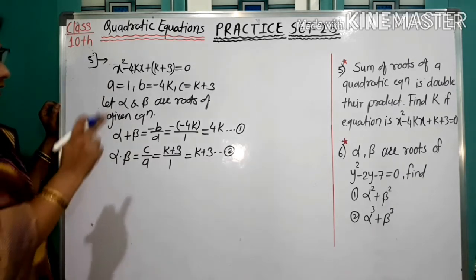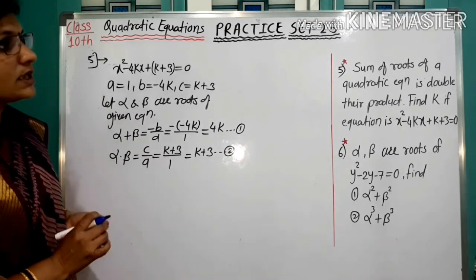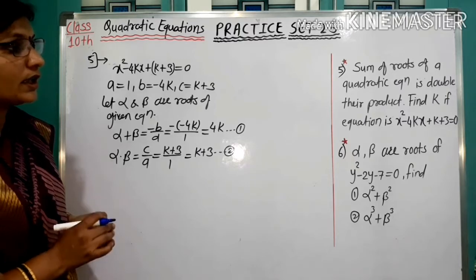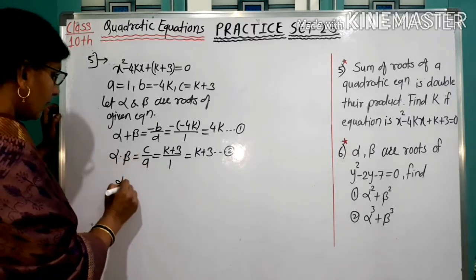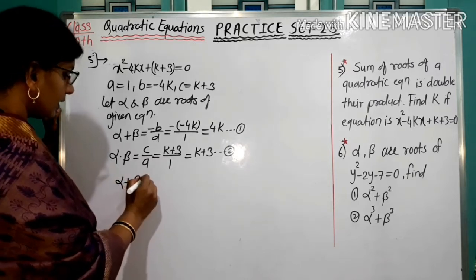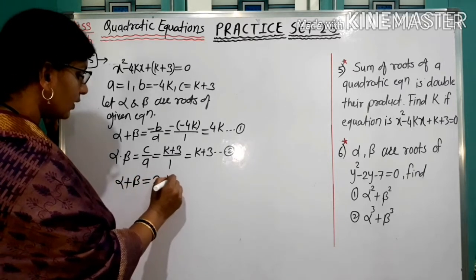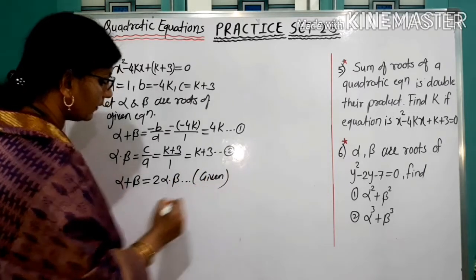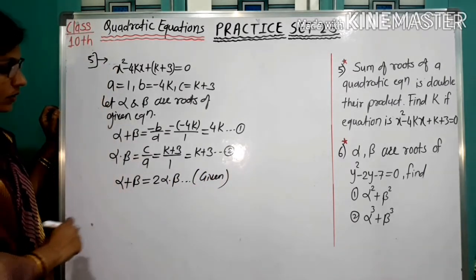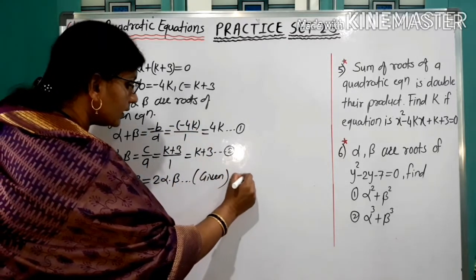But here the condition is given that the sum of roots of a quadratic equation is double their product. Means alpha plus beta is twice alpha into beta. This is given. So this is number 3.